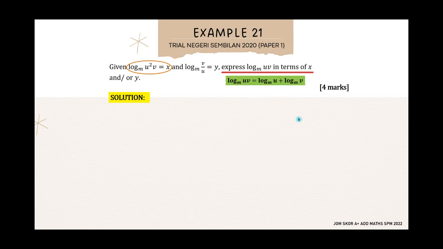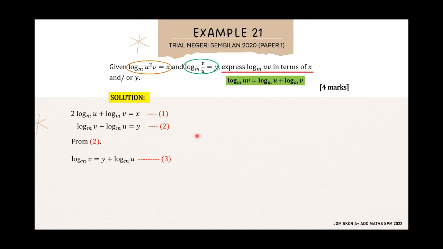Bila teacher apply law of logarithm, kita akan buat begini, 2 log u plus log v, okay, sama dengan x. Yang kedua, yang warna hijau tu ada division of log. Jadi bila division, operasi yang terlibat adalah tolak. Jadi dinotekan sebagai equation number 1 and equation number 2.